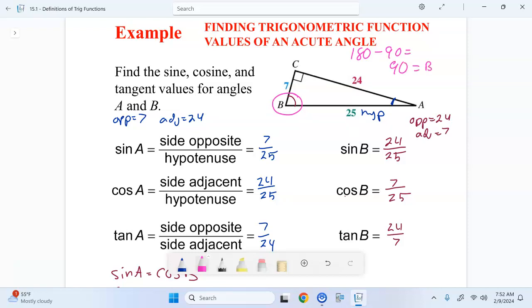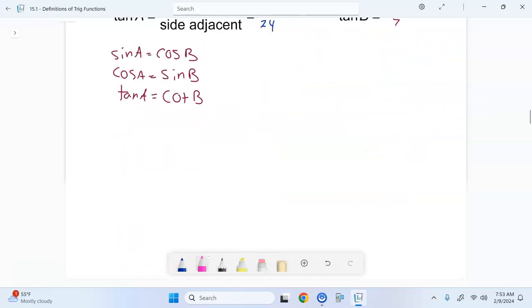So that means A and B together have to sum to 90 degrees. With a little bit of algebra, I can rewrite that and say that angle A is equal to 90 minus B, or I can say that angle B is equal to 90 minus A. Right? Because right triangles always have that 90. So A and B have to sum to 90 degrees.